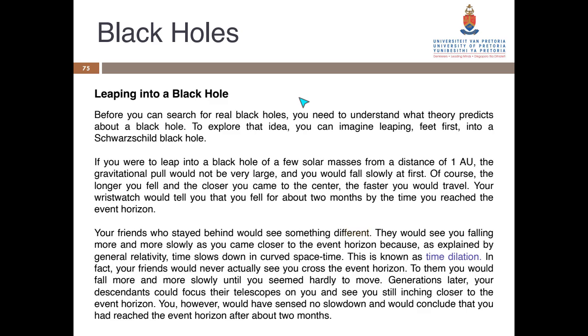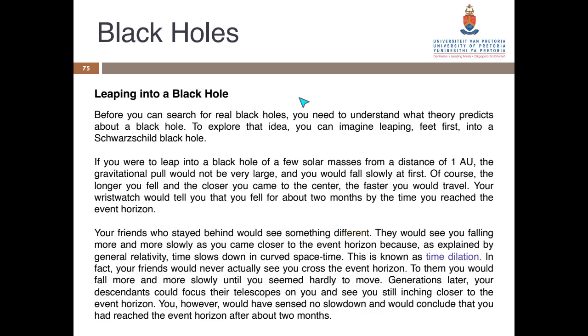Your friends who stayed behind would see something different. They would see you falling more and more slowly as you came closer to the event horizon because, as explained by general relativity, time slows down in curved space-time. This is known as time dilation. In fact, your friends would never actually see you cross the event horizon.